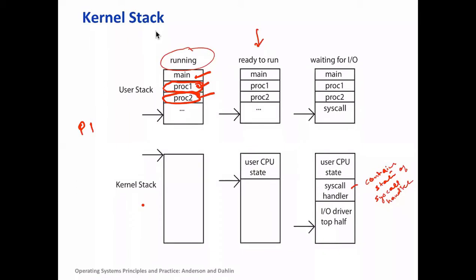When it is in ready queue, the user stack will be the same, but kernel stack will save the state corresponding to the process, or processor state of the process, like CPU state, which is nothing but register values, PC, etc.